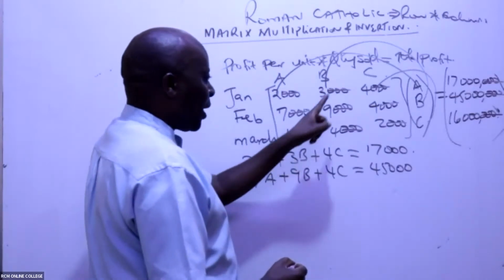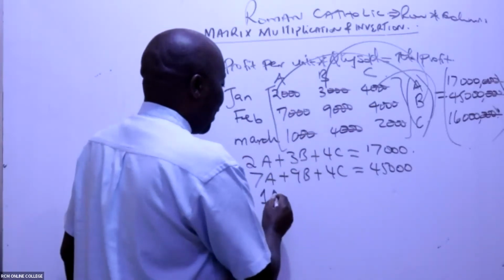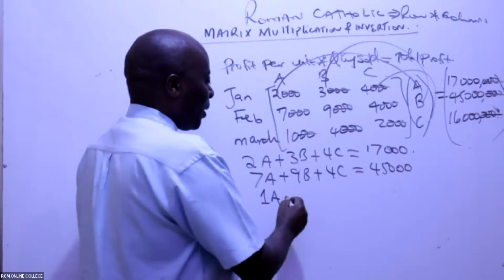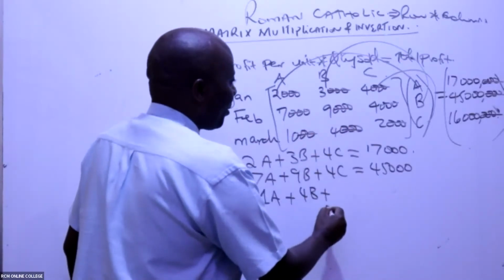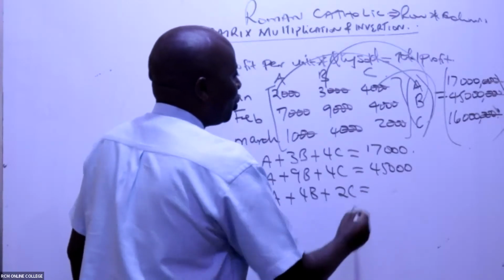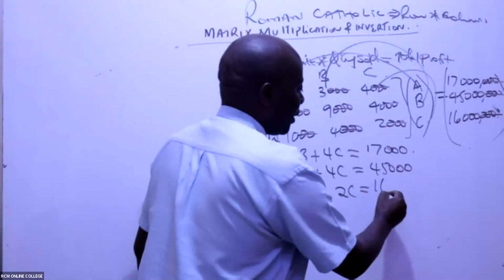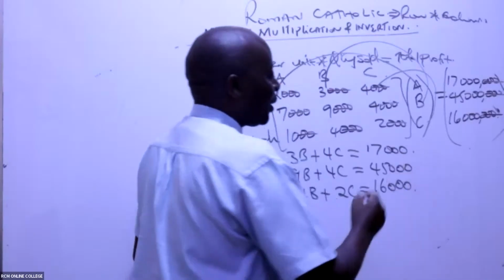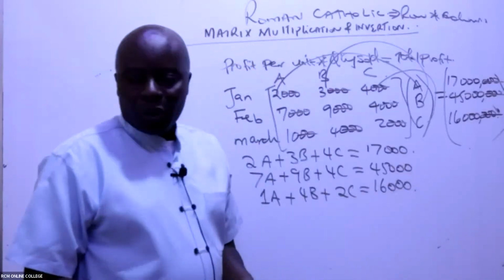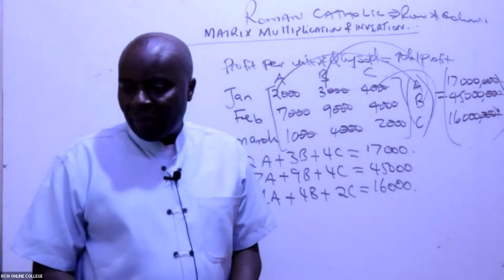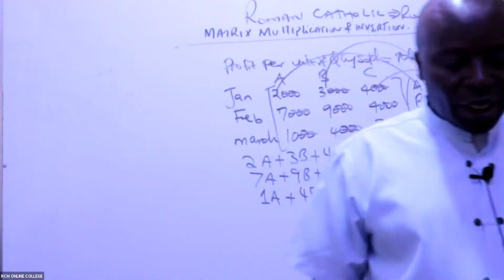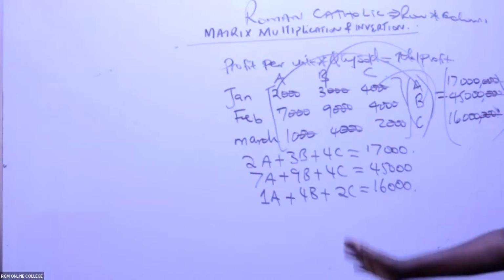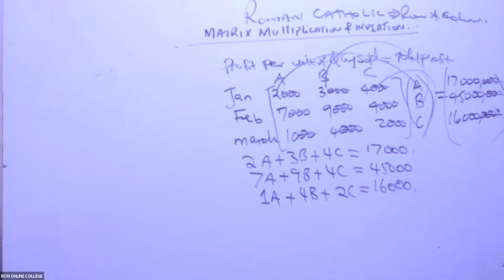So this is 1A, or just A alone, plus 4B plus 2C should be equal to 16,000, like that. So you've been able to form those three equations. Let me know whether you have been able to write up to here.